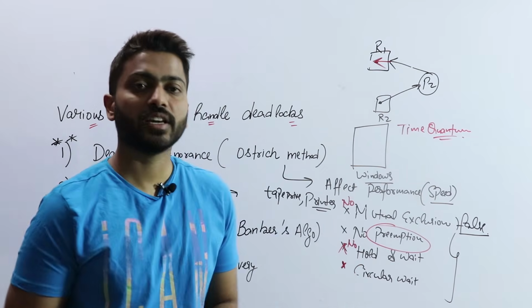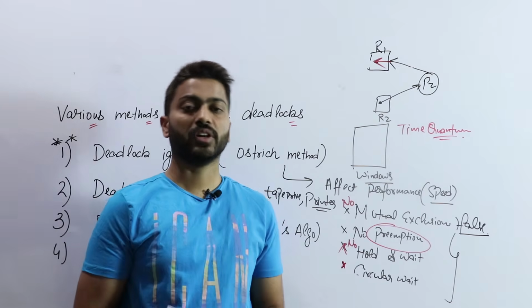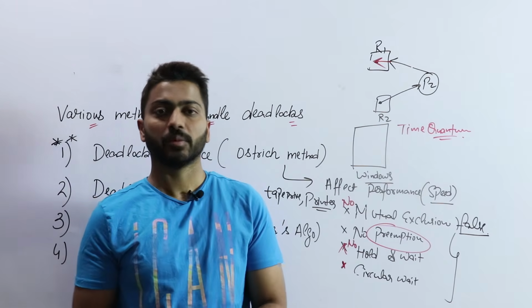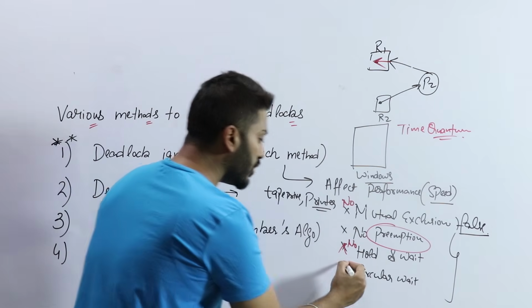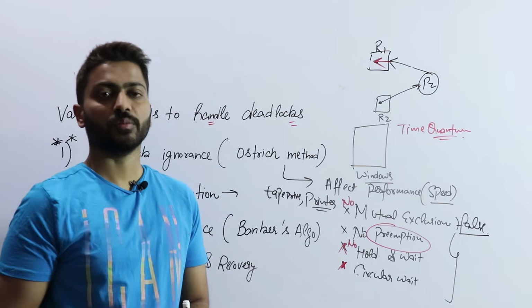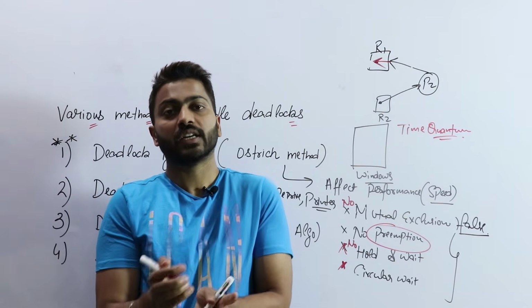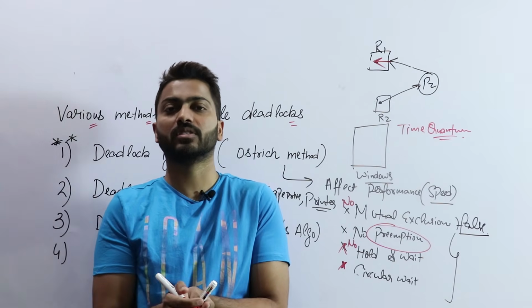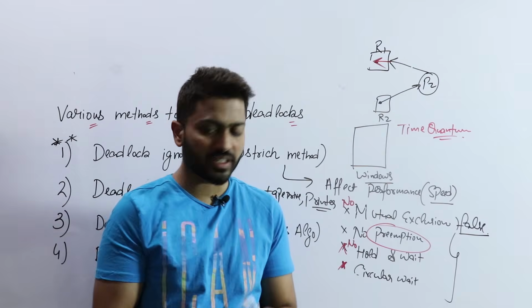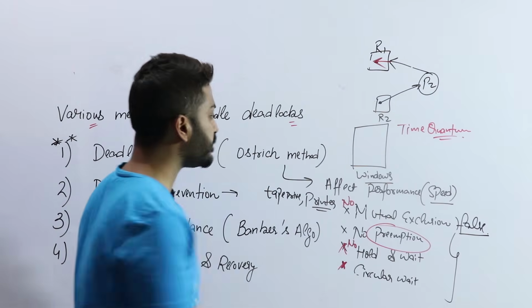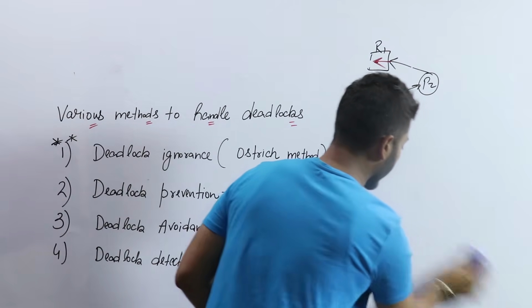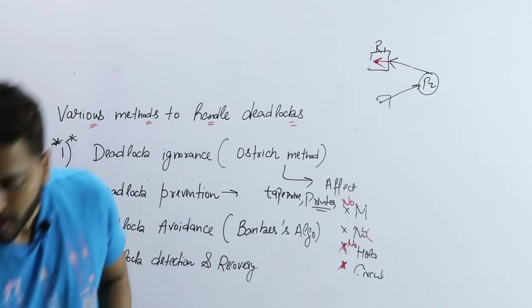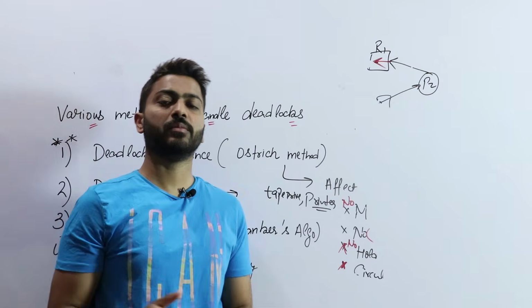Now the fourth one is circular wait. For deadlock there must be a circular wait, so if we want deadlock to be prevented, there should not be a circular wait. We are trying to remove the condition of circular wait from the system. So how are we trying to remove it? The simple method is, let's say I have lots of resources in my system.